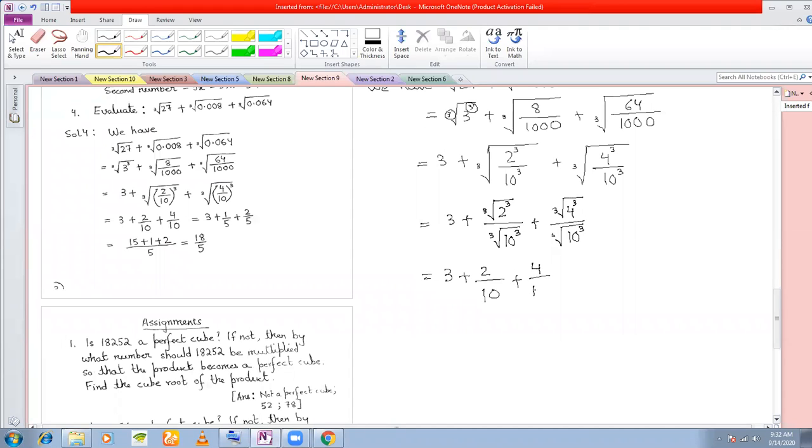And the cube root of 10 cube comes to the same thing. Now again you cancel this and you can take the LCM again. Okay. So the only difference is here I have separated the numerator and the denominator. There I had taken the cube root of the entire fraction.